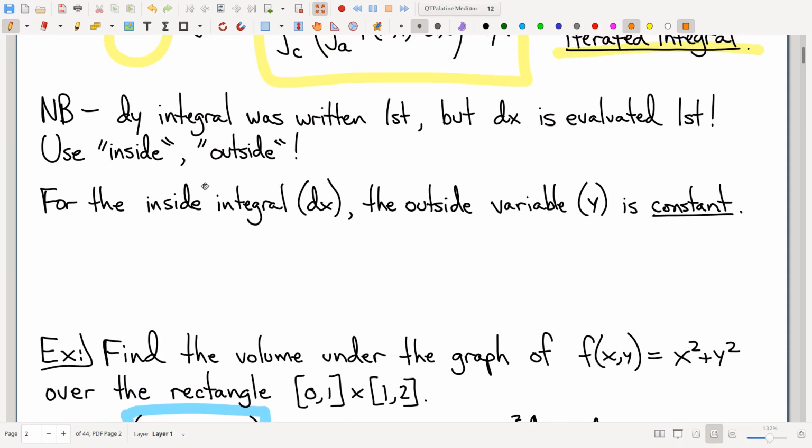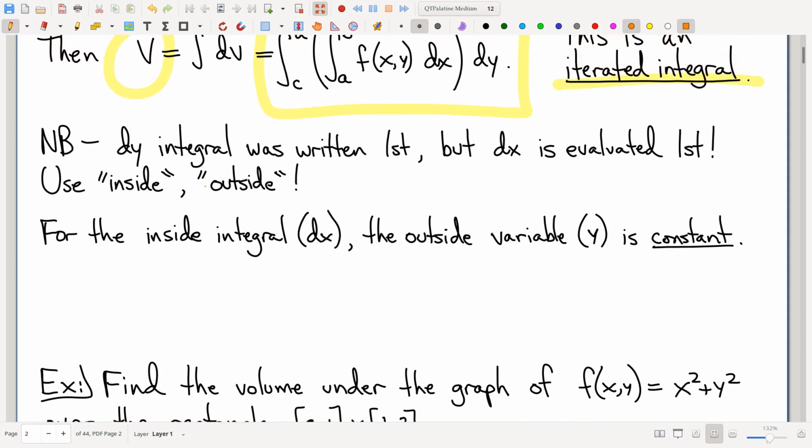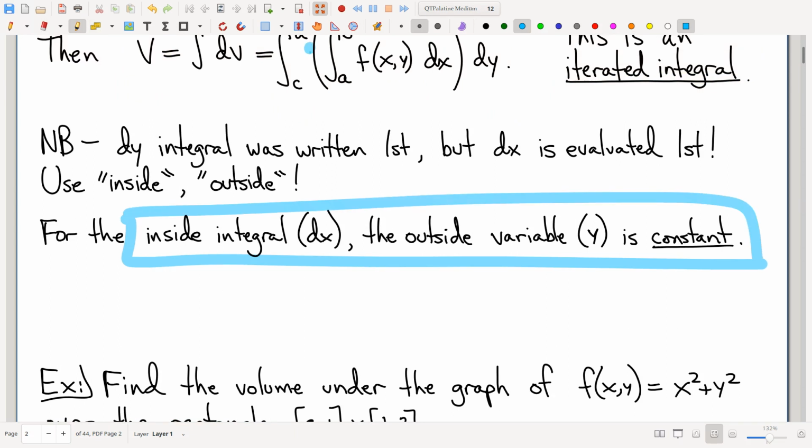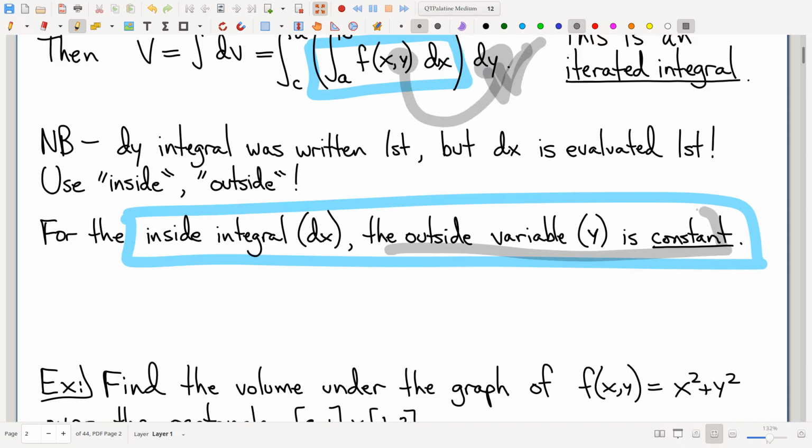Well, keep in mind, as we discussed, for the purposes of the inside integral, the outside variable is constant. We treat it as a constant because it is literally a constant.